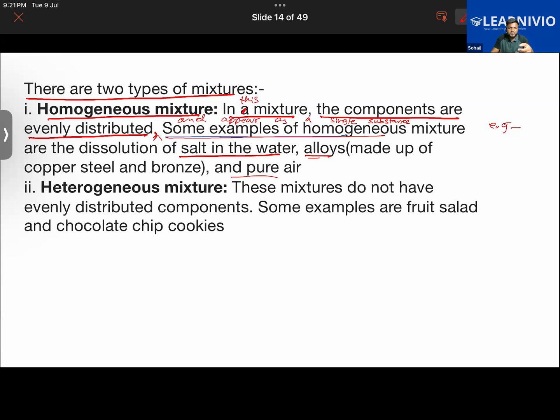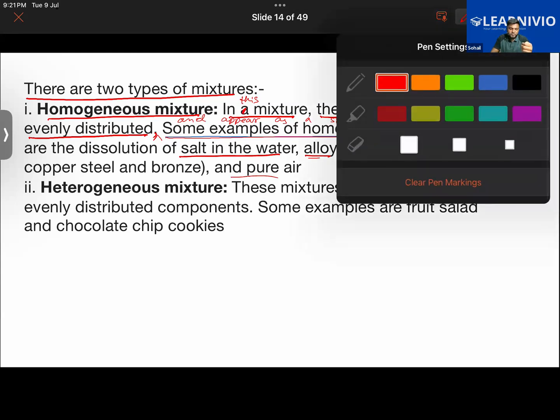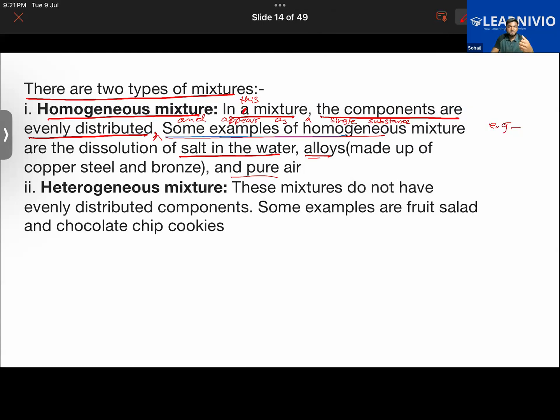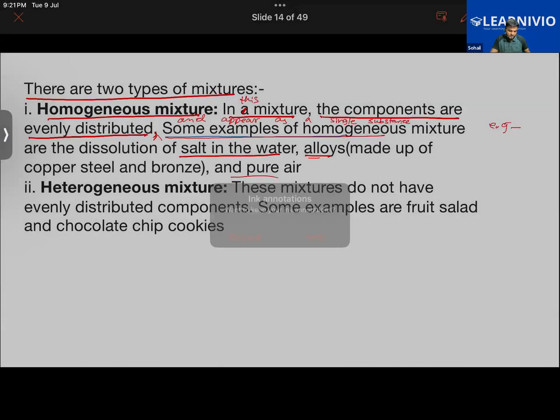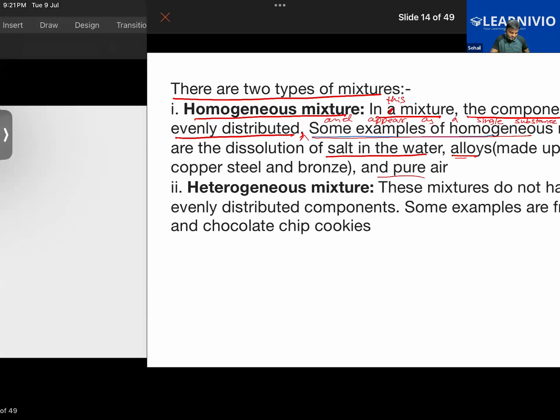Brass is not made up of just one type of substance. Brass is a mixture. But does it look like a mixture? No, sir.